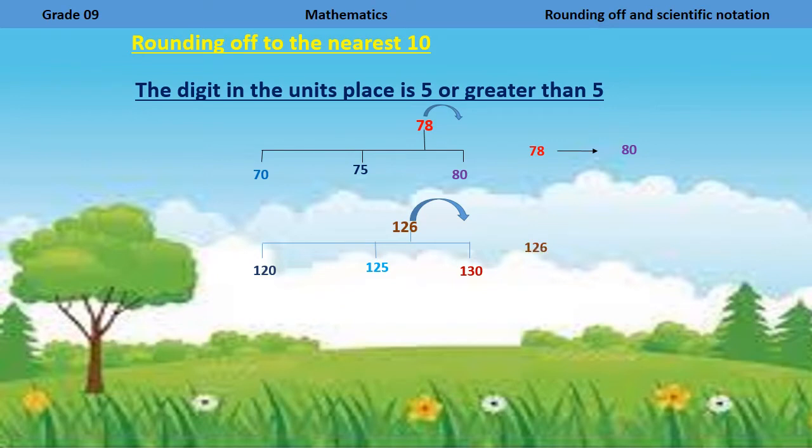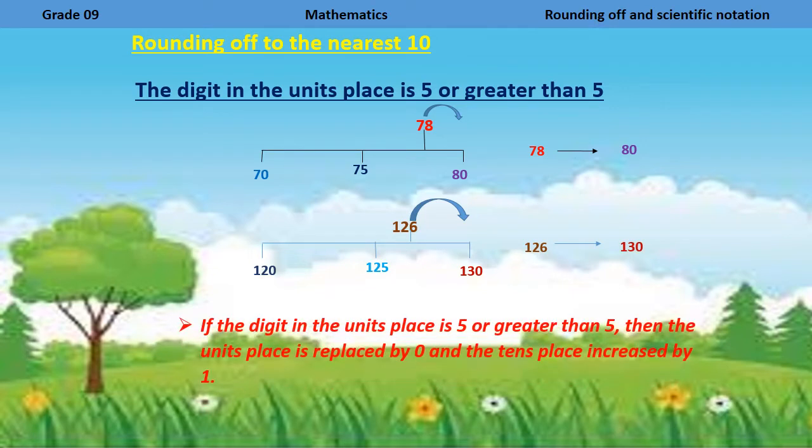When we round off 126 to the nearest 10, the answer is 130. Here, if the digit in the units place is 5 or greater than 5, then the units place is replaced by 0 and the tens place increased by 1.